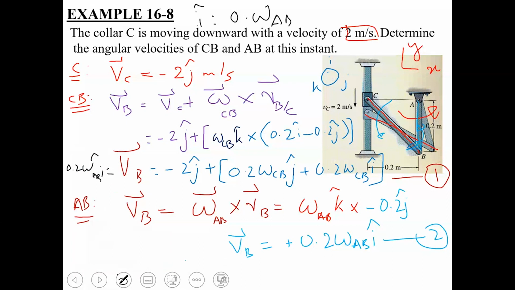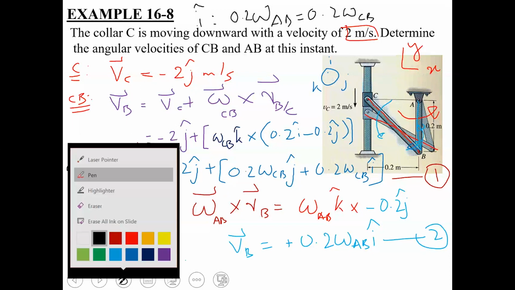What is the i coefficient on the other side of this equation? 0.2 omega CB. What does this equation represent? Omega AB should be equal to omega CB.